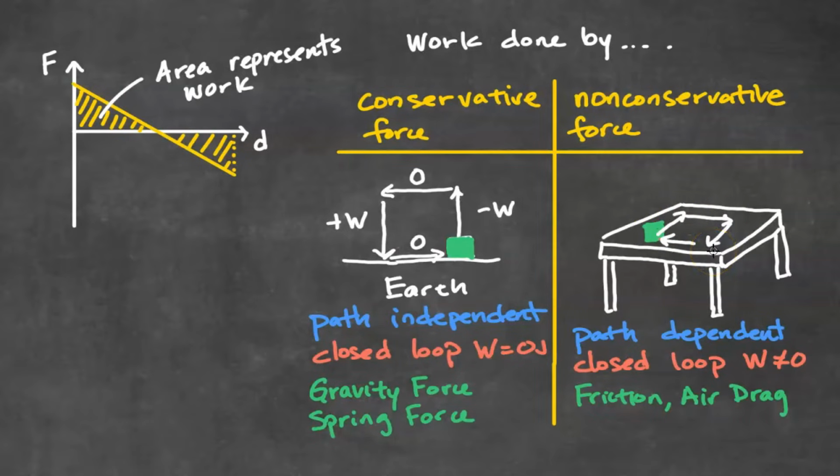That amount of work done by friction is different than if I had taken the box and moved it directly to the right. So we say that it's path dependent. And if I were to move this up, right, down, and back to the left on the table, back to its initial state, we refer to this as a closed loop. The work would not equal 0, so it would be a non-zero amount of work.